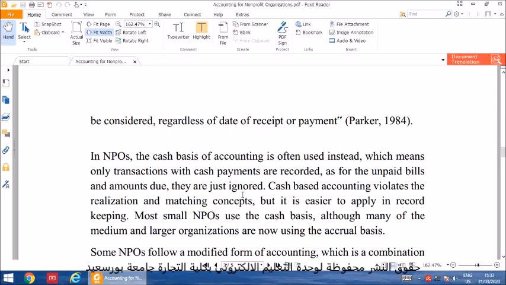You need to concentrate on these points. Cash-based accounting violates the realization and matching concepts, but it's easier to apply in record keeping.